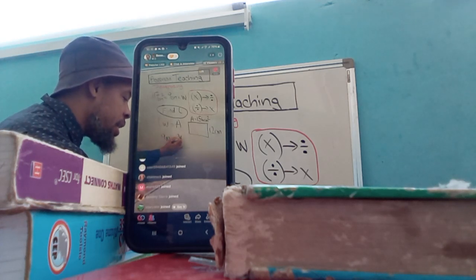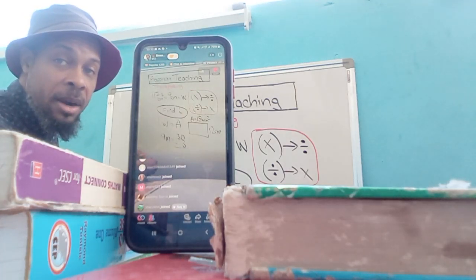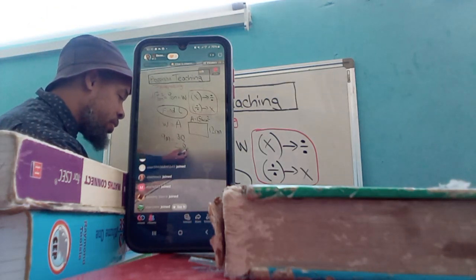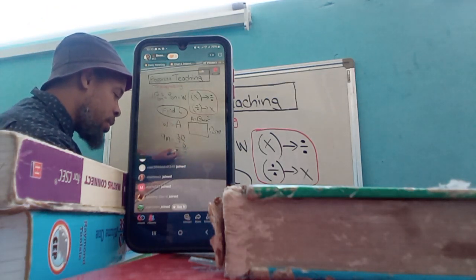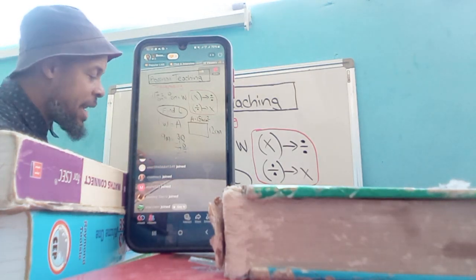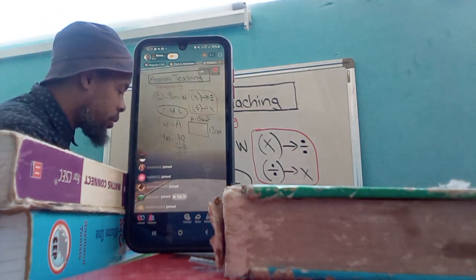So now I have 30 minus 3. Yeah, and then 7 plus 3, carry on 1, 3 minus 1, there you go. Alright, so 9m is equal to 27. Cool.